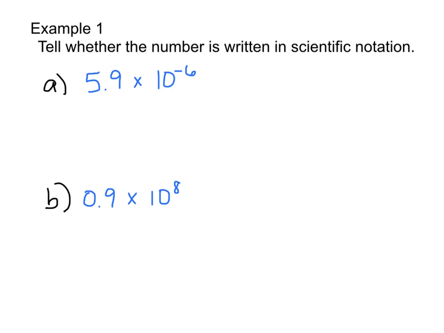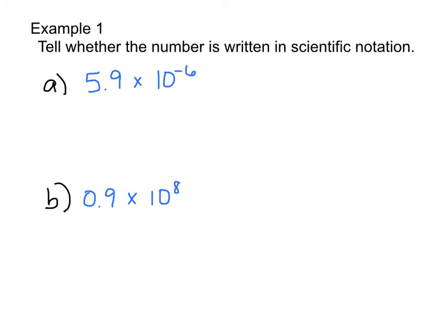In our first example, we're just going to identify whether or not the number is written in scientific notation. So example 1, tell whether the number is written in scientific notation, and then I want you to explain. So in part A, we have 5 and 9/10, 5.9, times 10 to the power of negative 6.